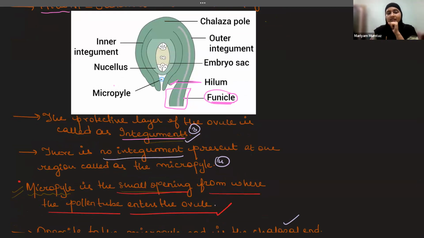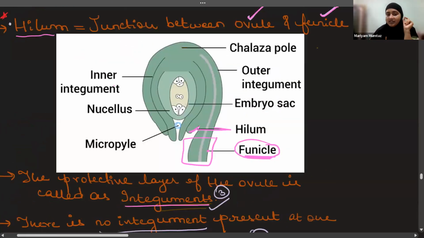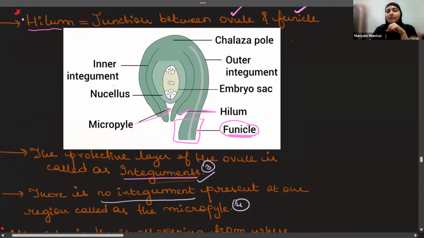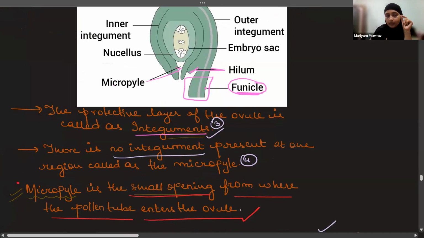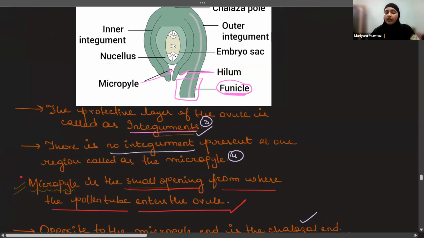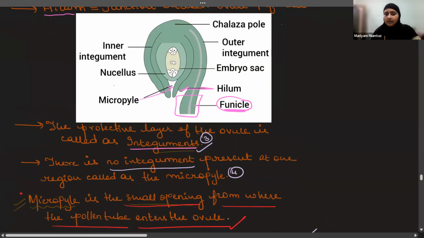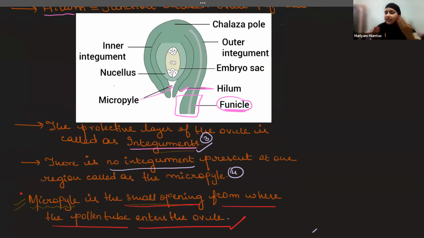But there is one portion where the integument is absent, and that portion is the micropyle. Remember that the micropyle is a small opening where the integument is not present, because it is a pore. If the opening were covered, there would be no opening, right? That is why the micropyle is the area where the integument is absent.